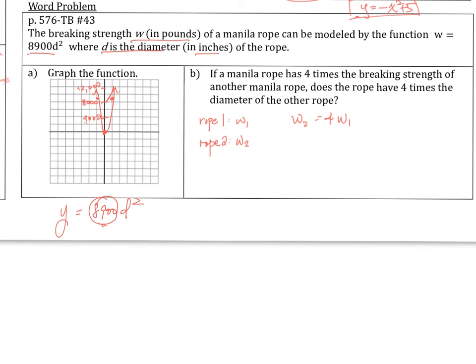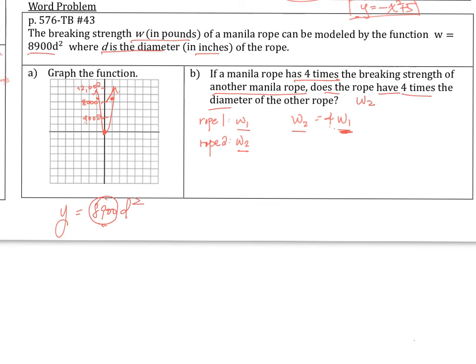Okay, and in part B, a manila rope has 4 times the breaking strength of another manila rope. So I'm going to let rope 1 be W1, rope 2 be W2. So W2 will be our other rope. I'm going to let W2 equal 4 times the original rope. And then we want to know if this W2 will also have a diameter which is 4 times.